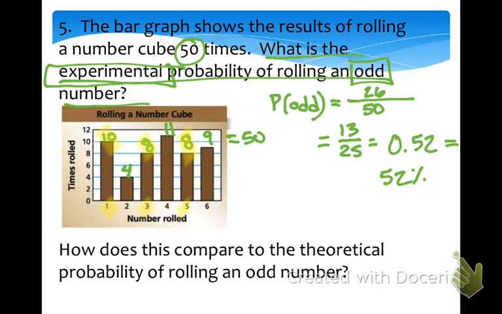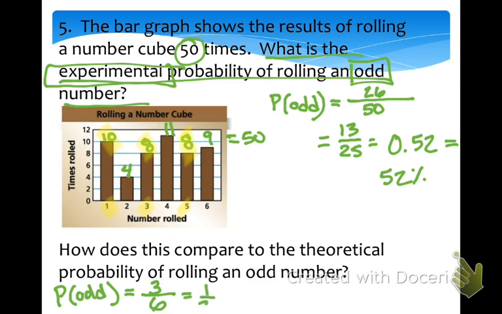Now, the last question is kind of bringing back what we did before. How does this compare to the theoretical probability? Well, the theoretical probability of an odd number is, on a number cube, I have 6 options, and 3 are odd.